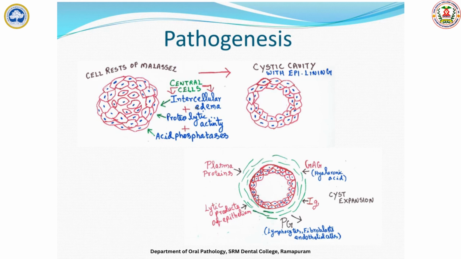When plasma proteins and immunoglobulins penetrate the epithelium and reach the center of the cavity, the osmotic pressure inside the lumen will be higher because of the protein content, whereas outside the osmotic pressure will be less. So to equalize the pressure on either side of the epithelium, this central portion will absorb some water from the periphery.